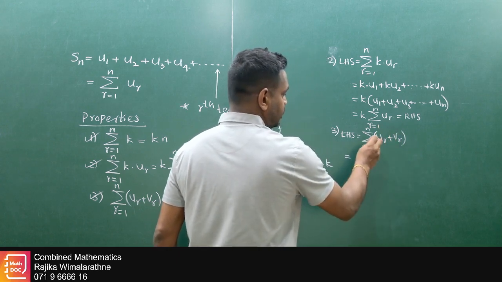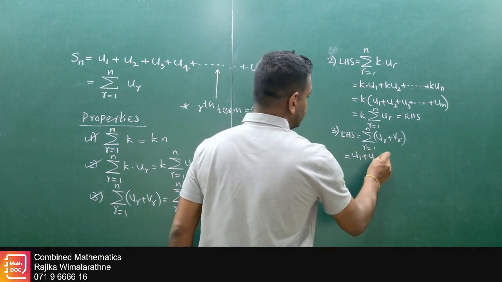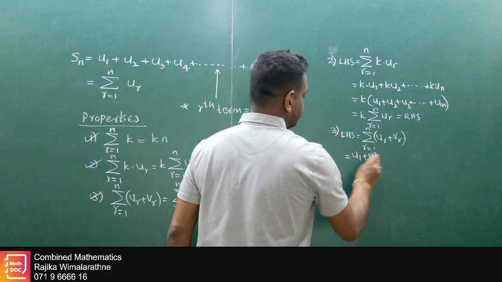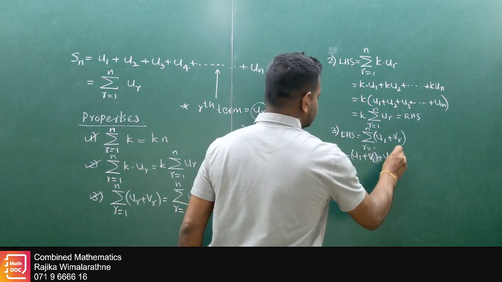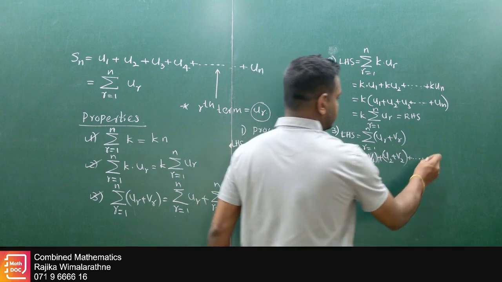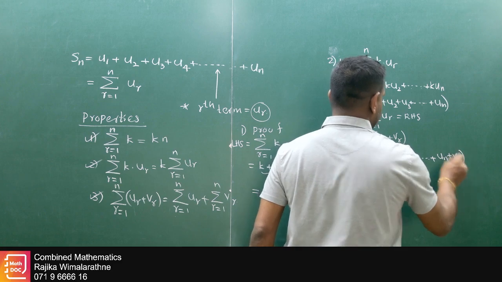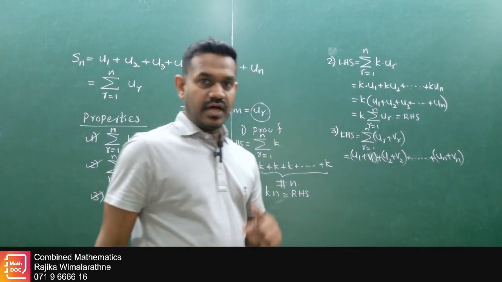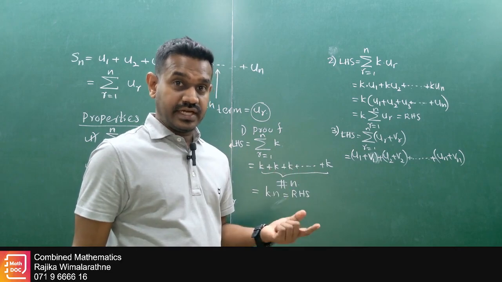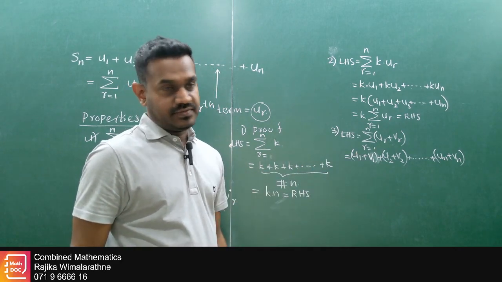You put r equal 1 first, u1 plus v1, then u2 plus v2, and it goes like that. The last term will be un plus vn. Likewise, you go up to n number of terms.